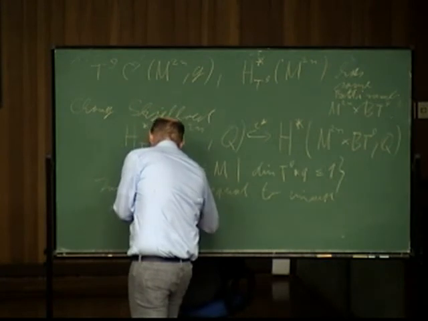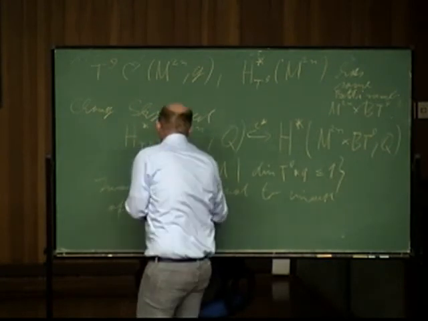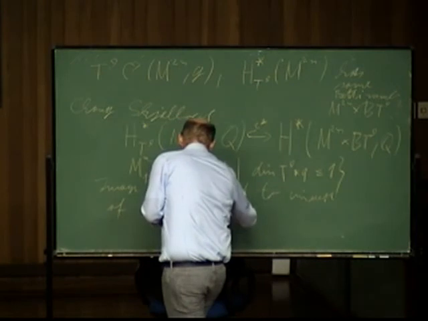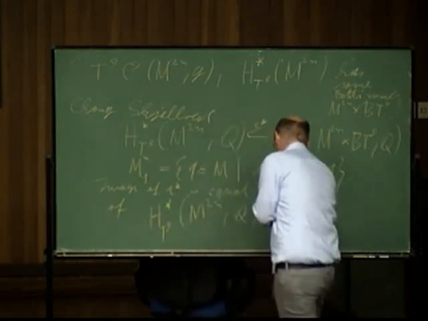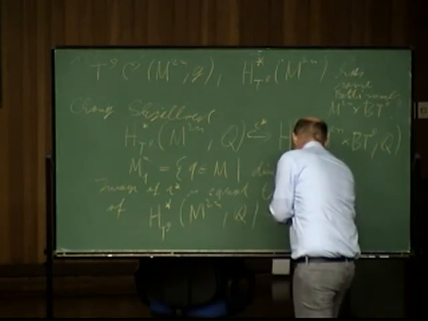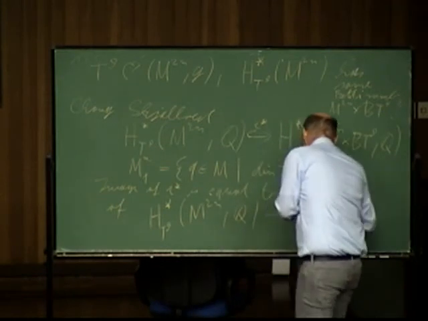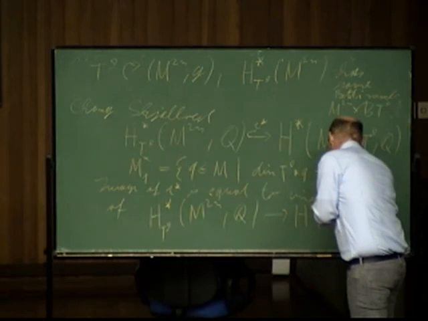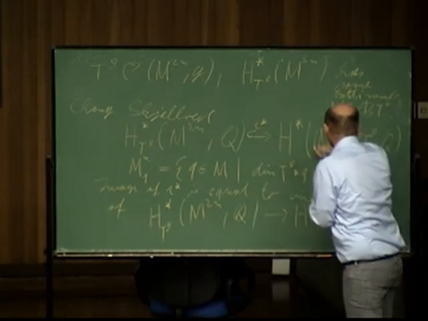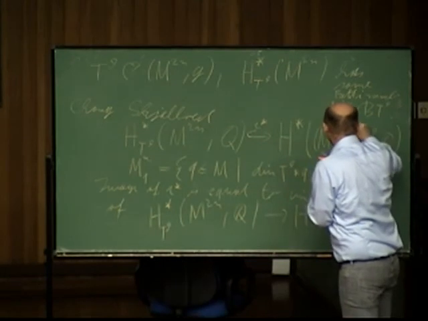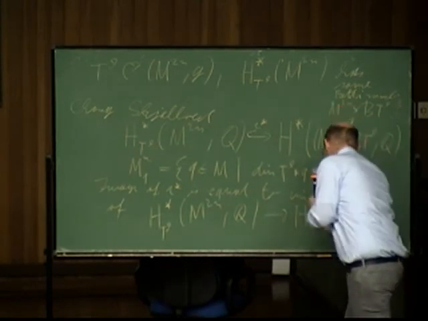H star T9 of M to N with rational coefficients, and then you look at H star into the fixed point set again. T9, T7. So that is the fixed point set always.